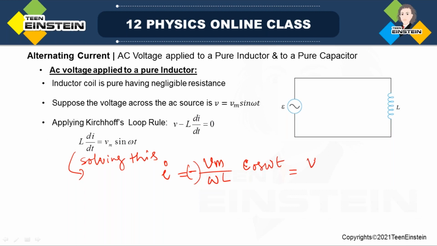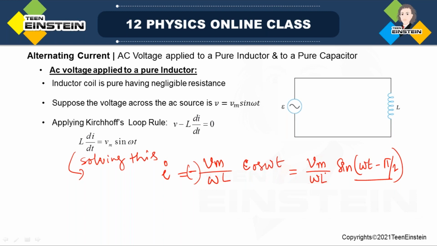This minus sign I can write as cos of omega t minus pi by 2. Sorry, this is not cos omega t, this will be sine omega t minus pi by 2. Sine of omega t minus pi by 2 will give you minus cos omega t.